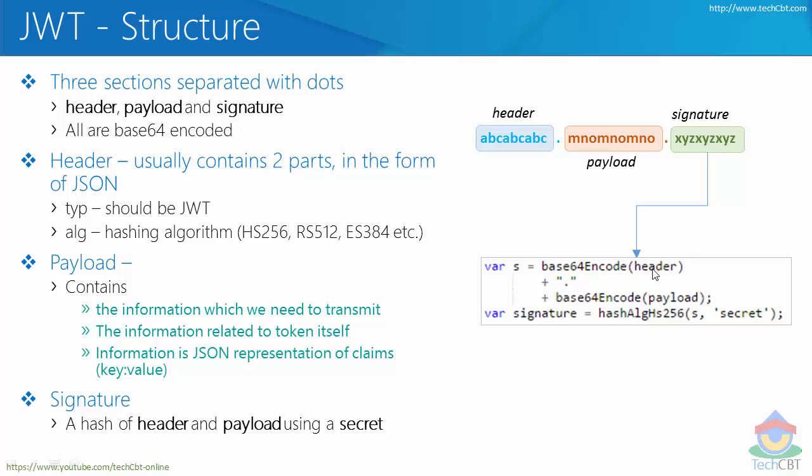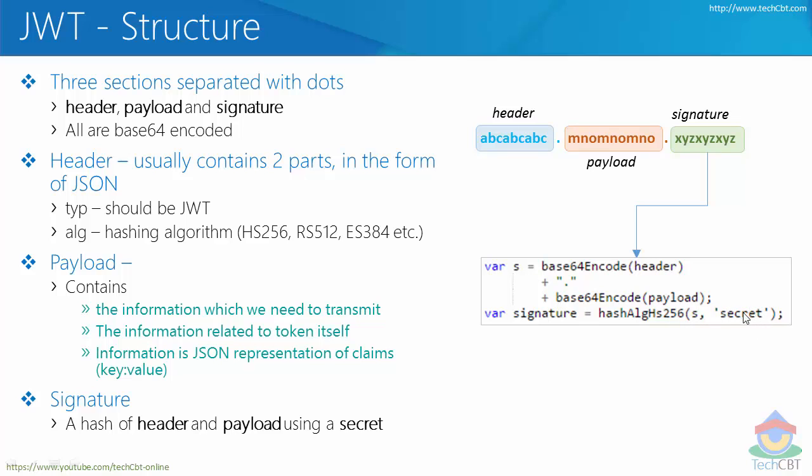So concatenate the base 64 encoded header with a dot and then the payload, which is also in base 64. Once I get that particular string, you can see I am using the HMAC SHA-256 algorithm to hash this string using whatever password you'd like to provide.